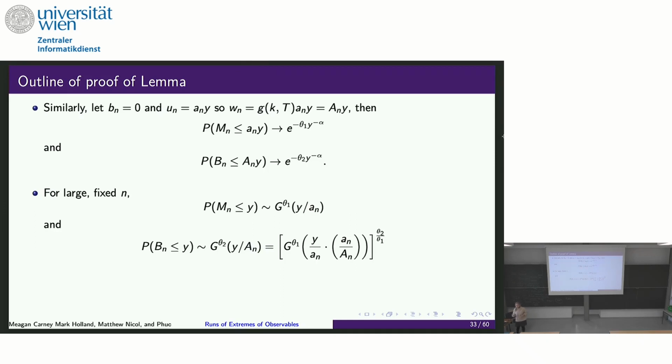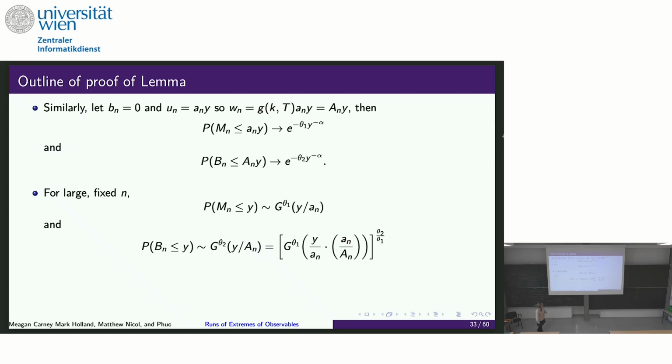For some fixed large n, we're in the regime of our generalized extreme value distribution. So this is G, and it has an extremal index theta 1. So just write it in that way. And for Bn as well, we're in the regime of our extremal distribution with extremal index theta 2.